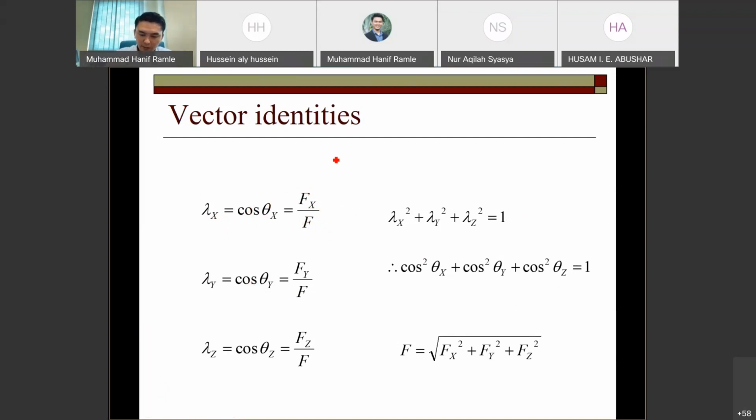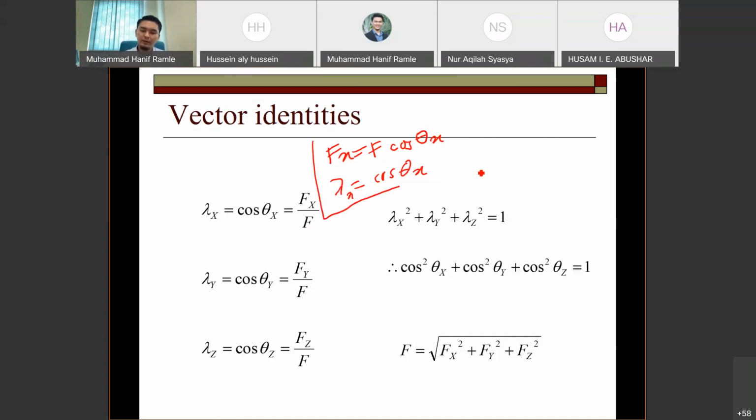So Fx equals F cos theta x, and lambda x equals cos theta x.